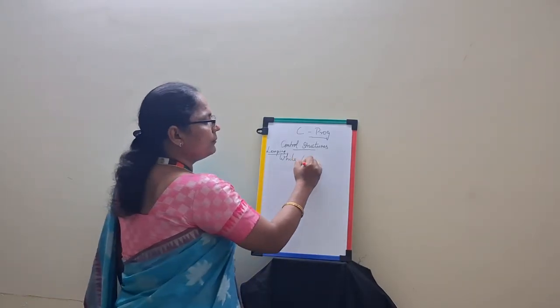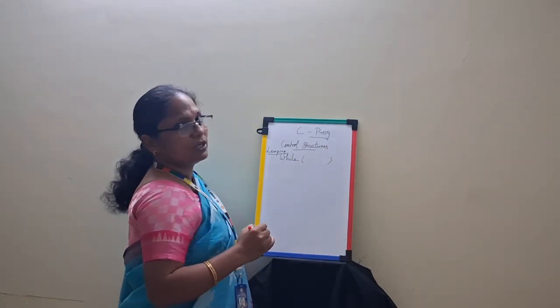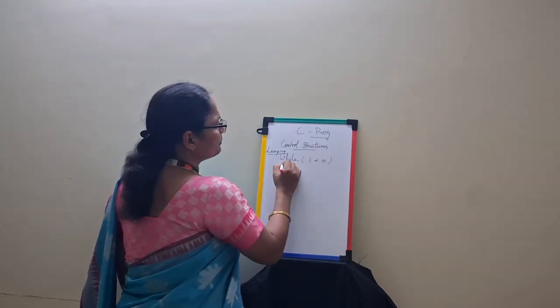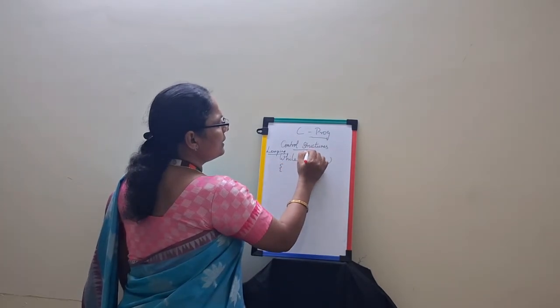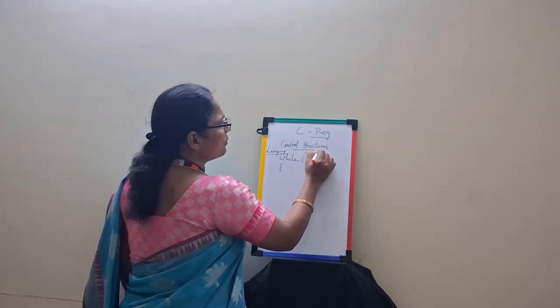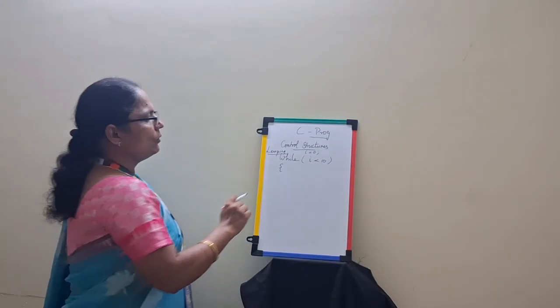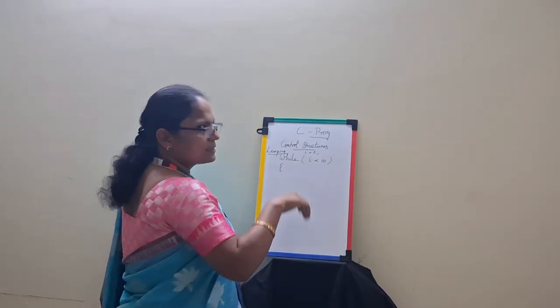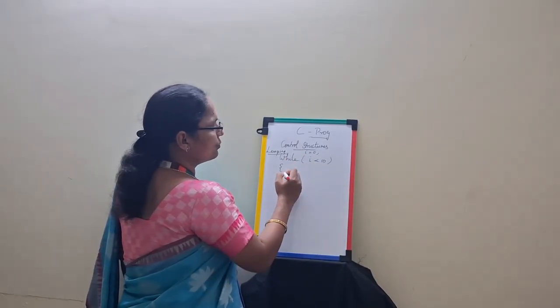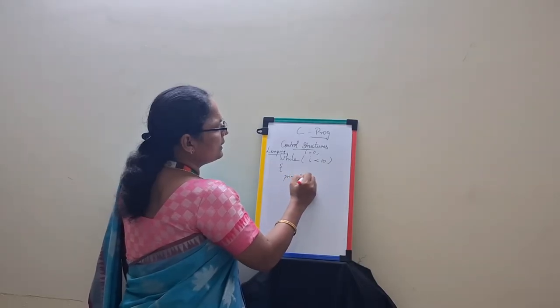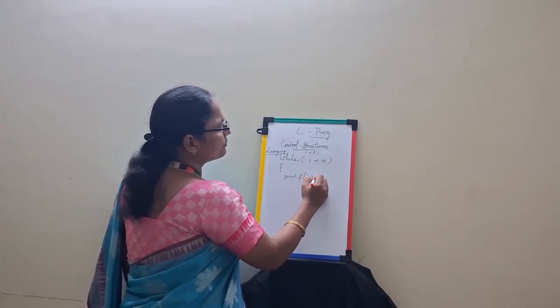So in while, we give some condition, that is, while i is less than 10. For example, I assign i equal to 0, and i less than 10. Yes, i is less than 10. If this is true, then we are going to print hello 10 times.